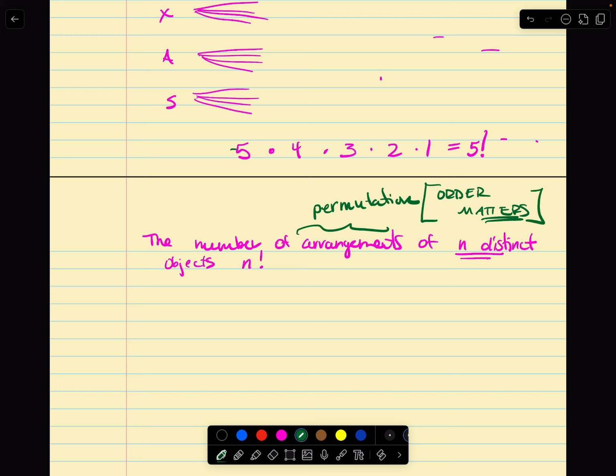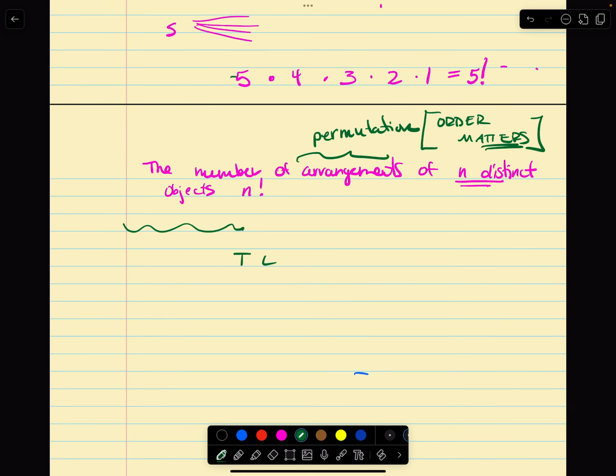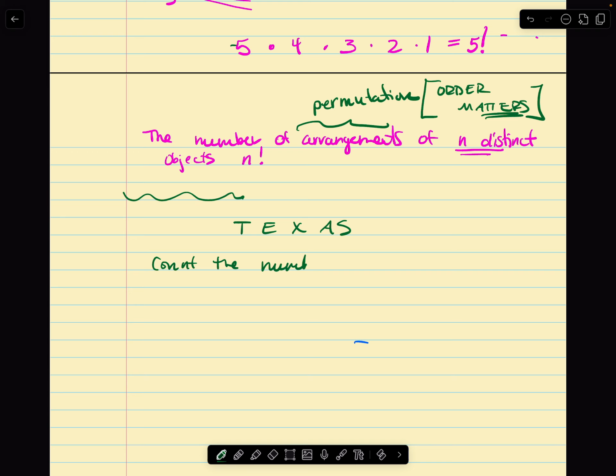All right. Well, sometimes we don't want to arrange all the letters. So maybe I want to use these letters again, T, E, X, A, and S. And I'm only going to make 3-letter words. I'm not going to find them, I want to count them. So let's rephrase that: count the number of arrangements.